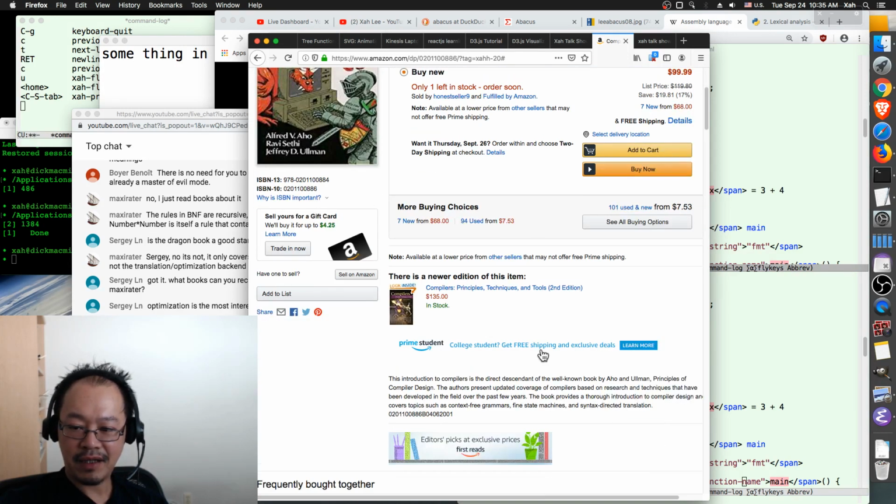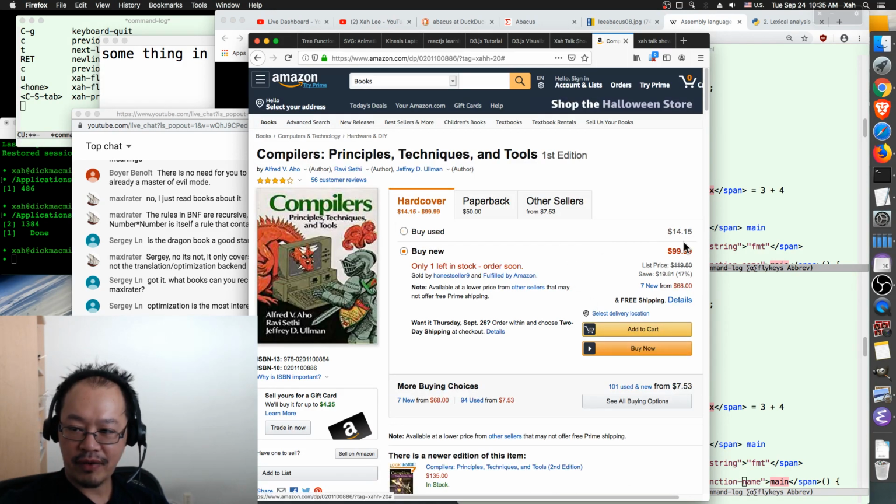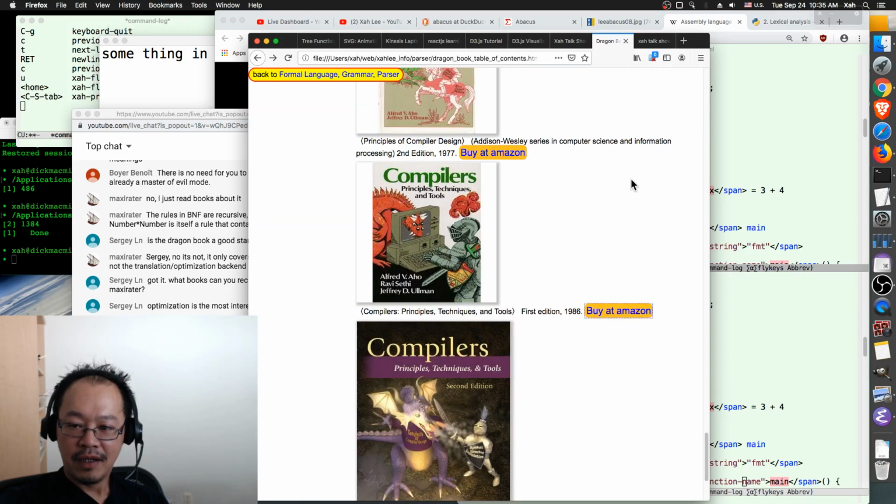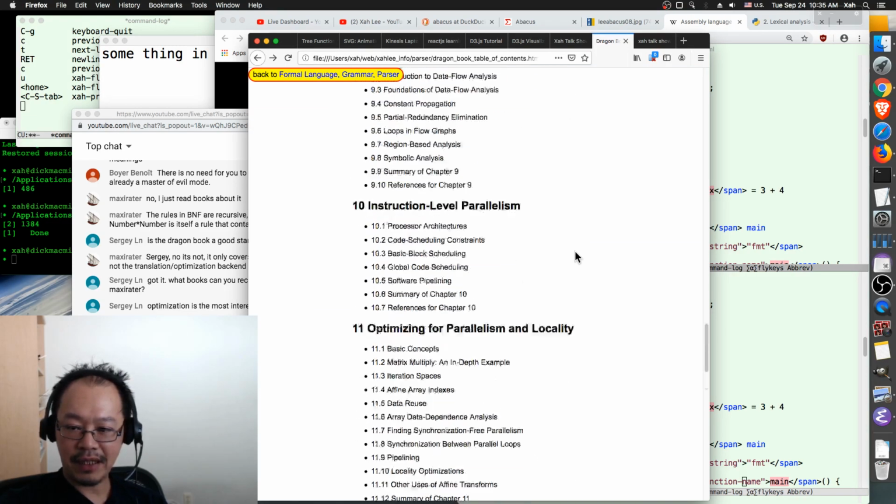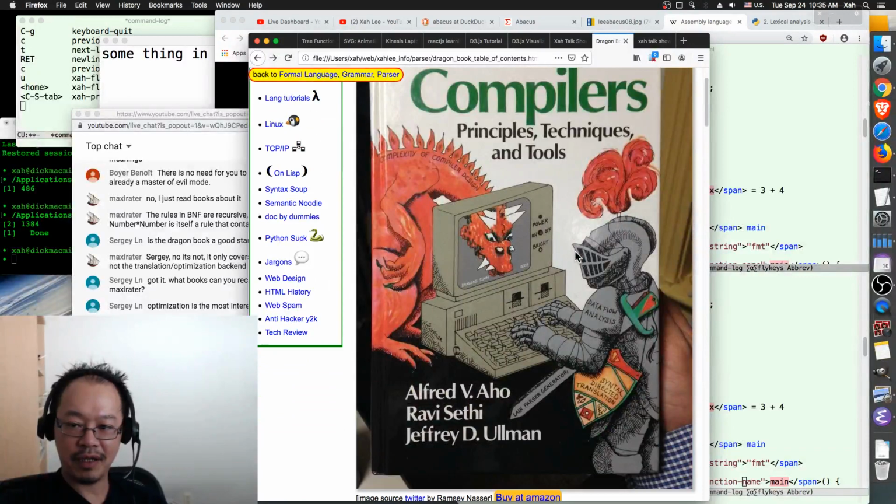These days the books have become so expensive. The latest edition is $130, but you can buy a used one for $14. And there are other books. Today there are other compiler books, so you can read that book. This book is more practically oriented.